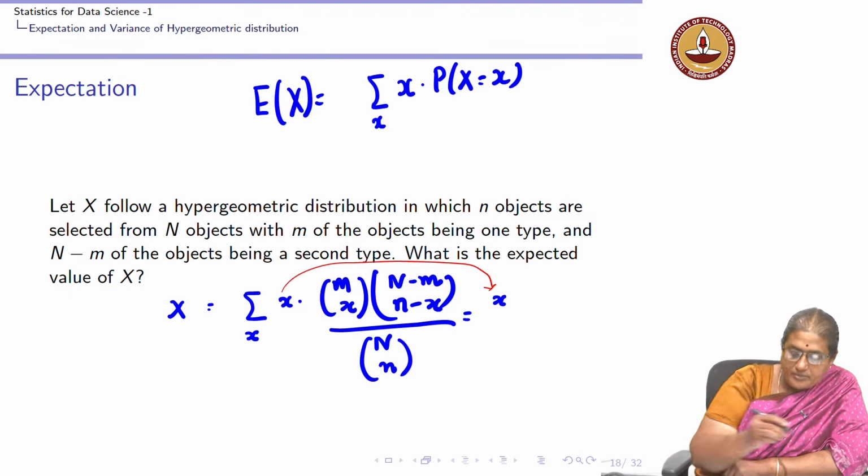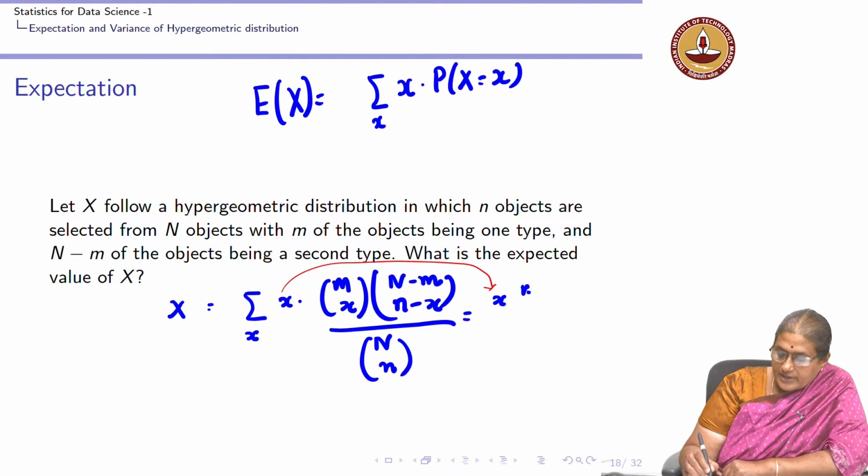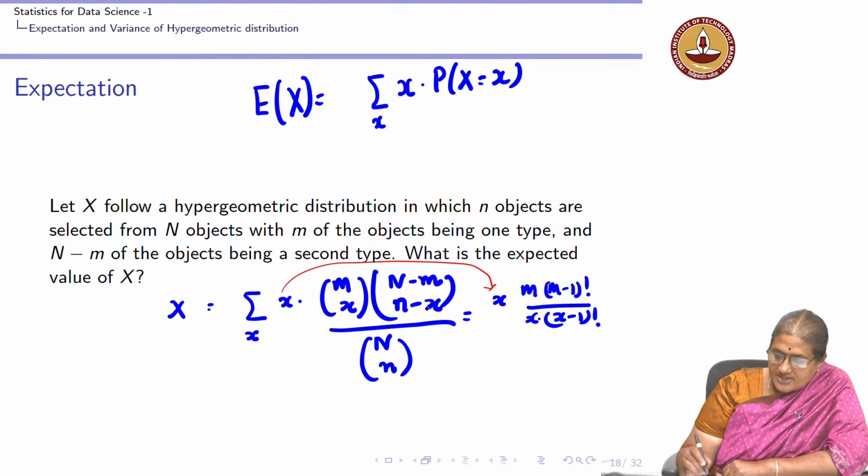I am going to write m choose x as the following. M choose x is m factorial by x factorial into m minus x factorial.